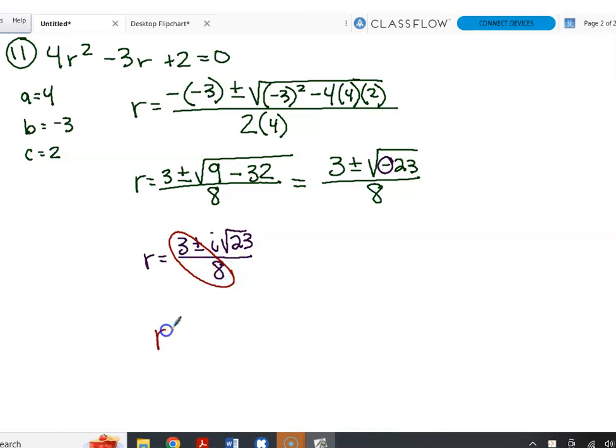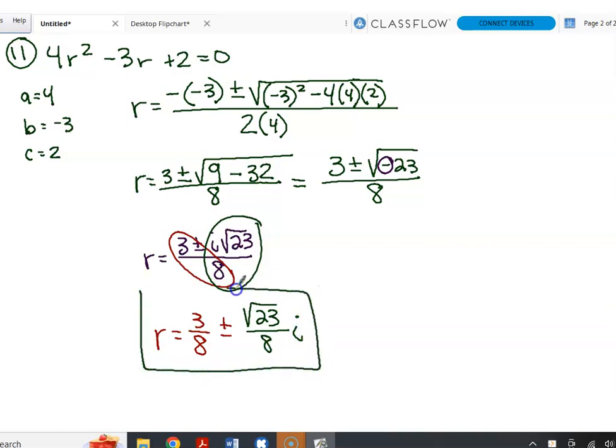So this is going to be r equals 3/8 plus or minus the square root of 23/8, and we can bring that i out to the outside like we talked about yesterday in class, which is how you're going to see it in your answer key.